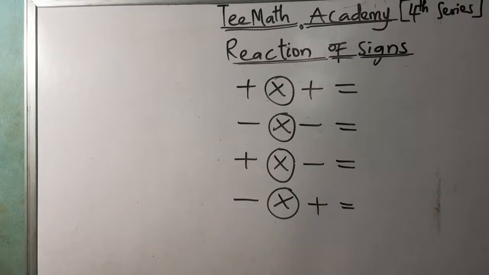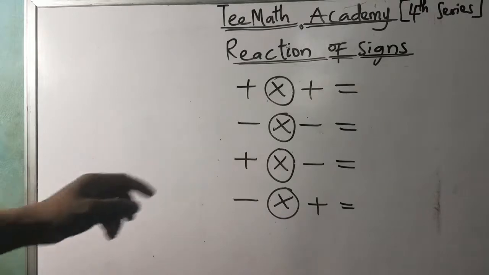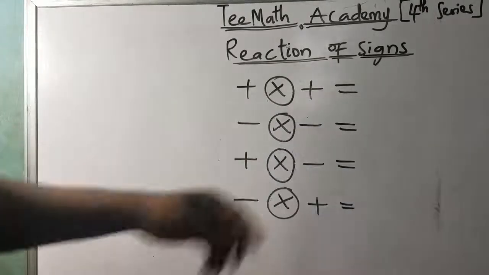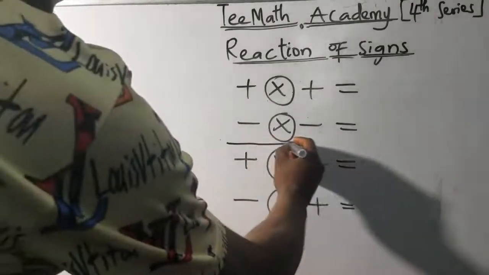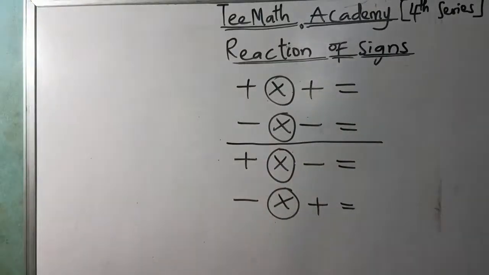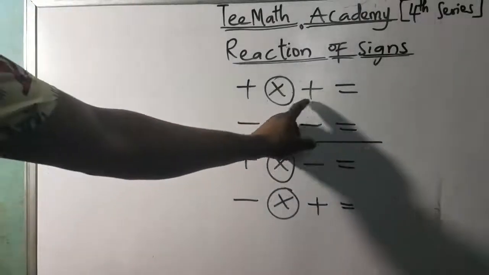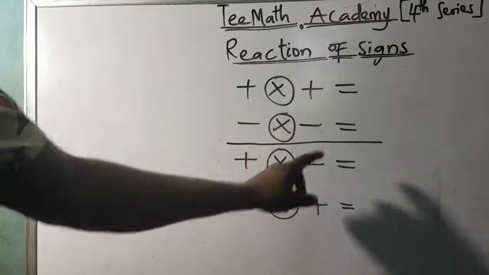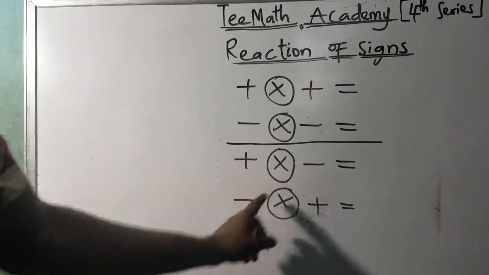If you observe closely, you will see that the signs here are the same: plus times plus, minus times minus. These ones are different.